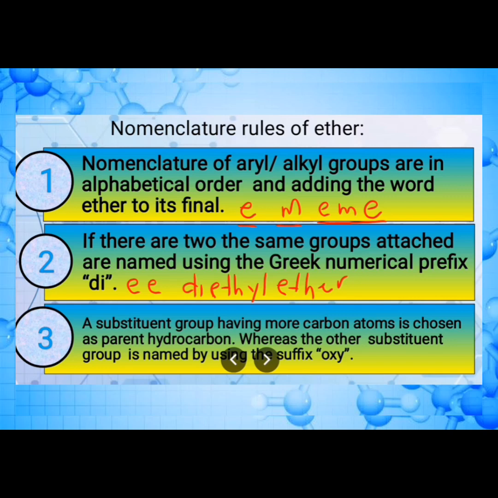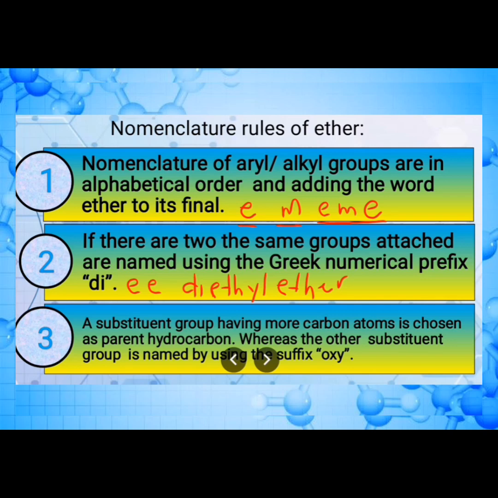The third nomenclature rule states that the substituent group having more carbon atoms is chosen as the main parent hydrocarbon, whereas the other substituent group is named using the suffix oxy.